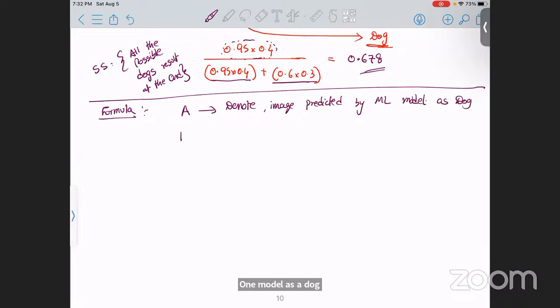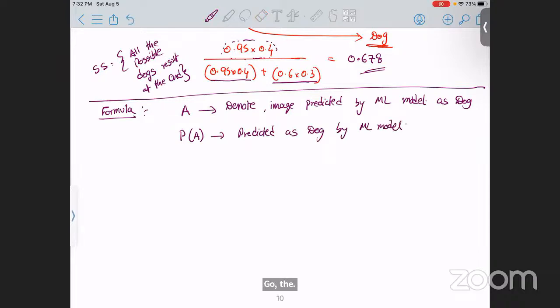That means P of A means predicted as dog by ML model. Agree?